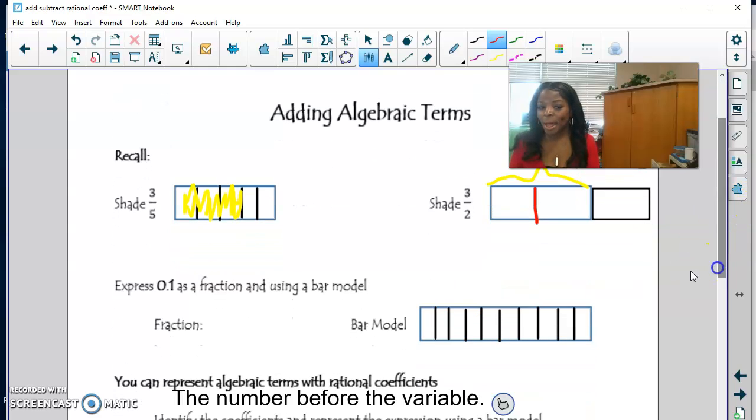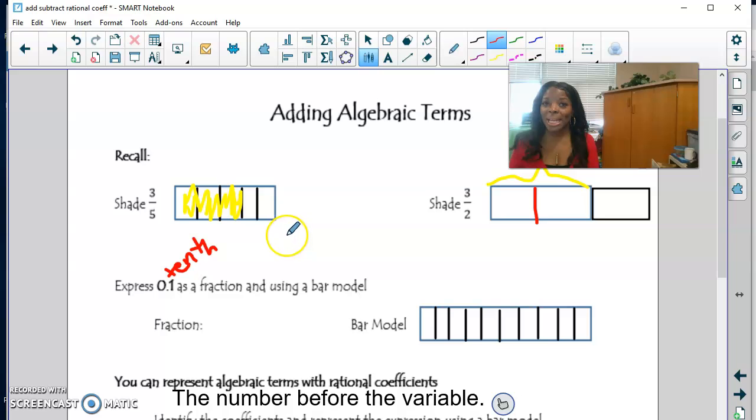Okay. All right. Express 0.1 as a fraction and using a bar model. How do we say 0.1 using our decimal words? 1/10. Nice job. Let's write that down, 1/10. And what's nice about knowing our decimal place value is that now we know how to write it as a fraction.